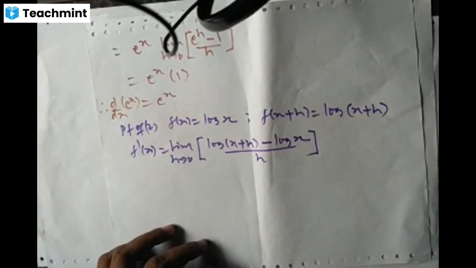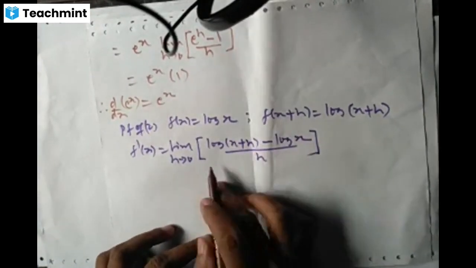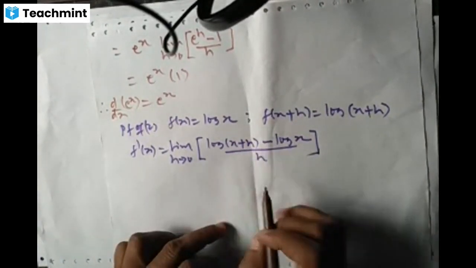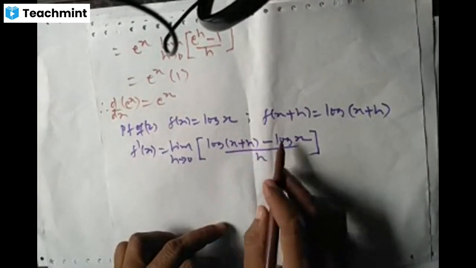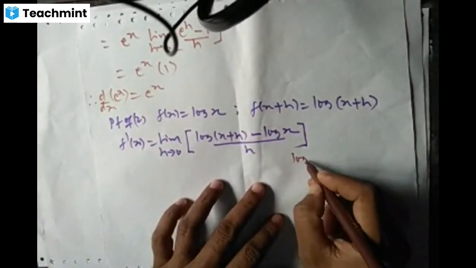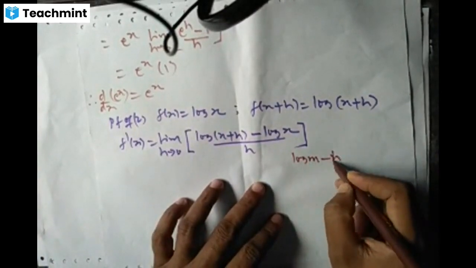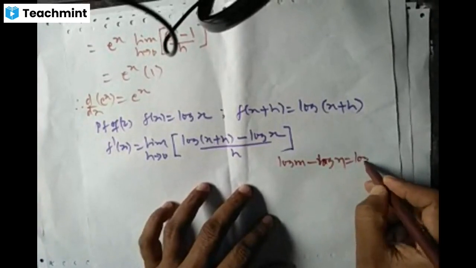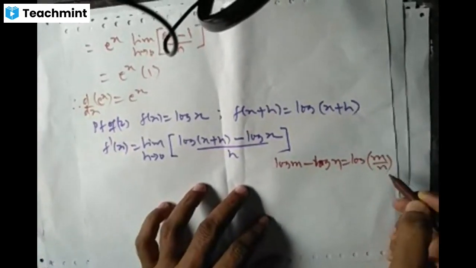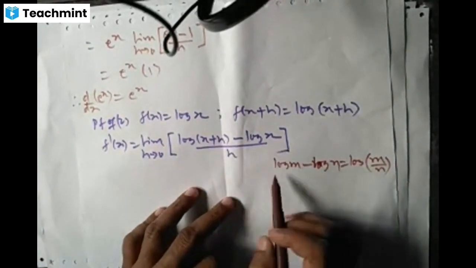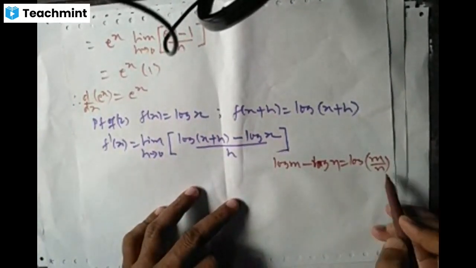Now what happens if I apply the limit? It takes the form 0 by 0, right? If I apply the limit directly, it takes the form 0 by 0. So I have to simplify. Isn't the numerator of the form log m minus log n? See the second property of logarithm: log m minus log n is log of m by n.